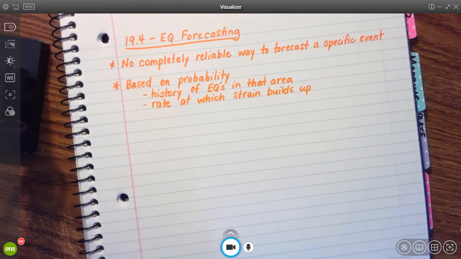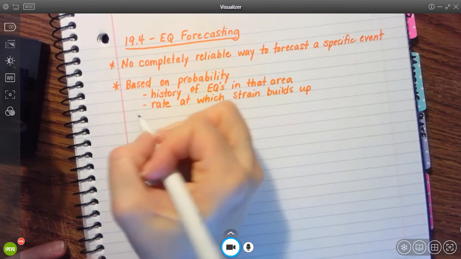So they can measure how quickly the strain or stress is building up in the rocks, and they can look at the history of earthquakes in that area and make some basic predictions about whether or not earthquakes are likely for that location and in what time frame.